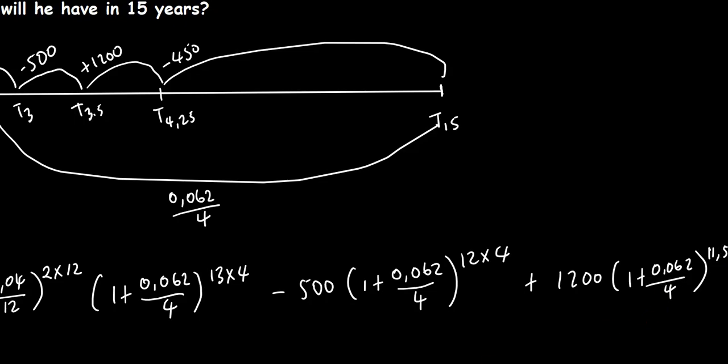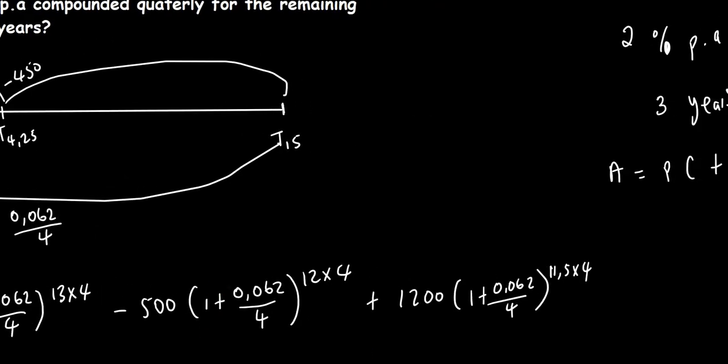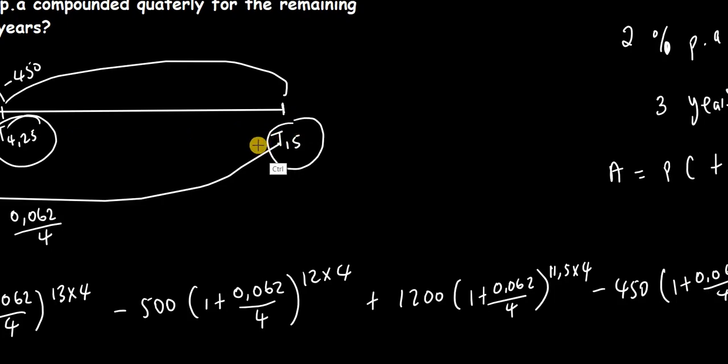Then lastly is the 450. We say minus 450 into 1 plus 0.062 over 4. Now from 4.25 to 15 is how many years?